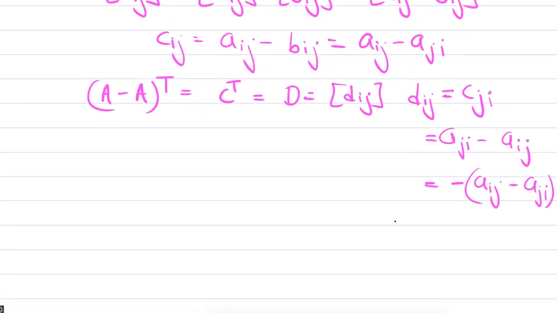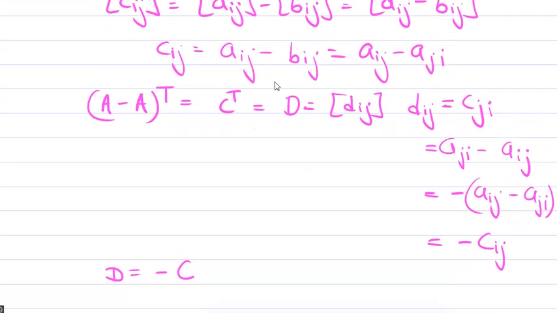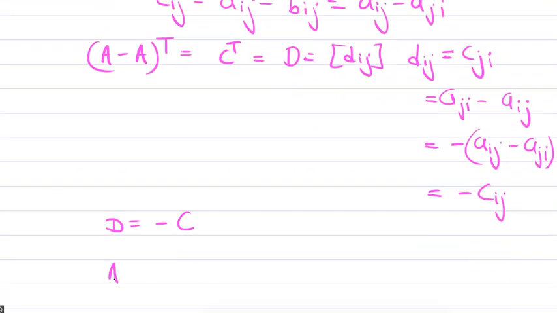So can I write it as minus of Cij? So from this I conclude that D is nothing but minus of C. So C transpose is minus of C. But C is the matrix A minus A transpose. So what do I conclude? The transpose of A minus A transpose is nothing but minus of A minus A transpose.